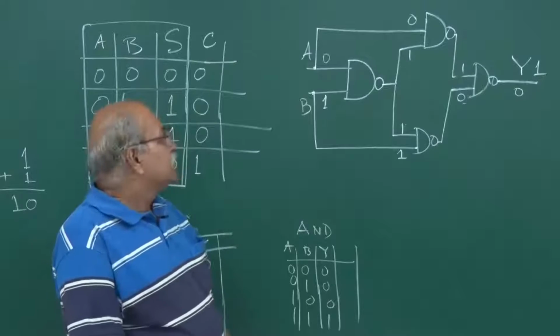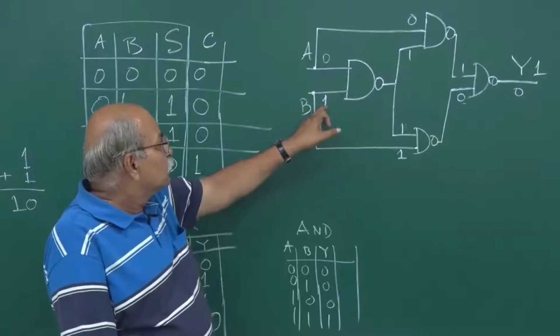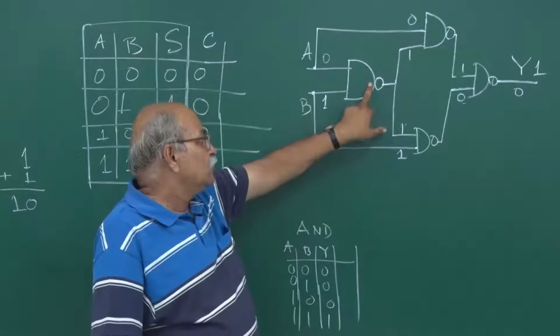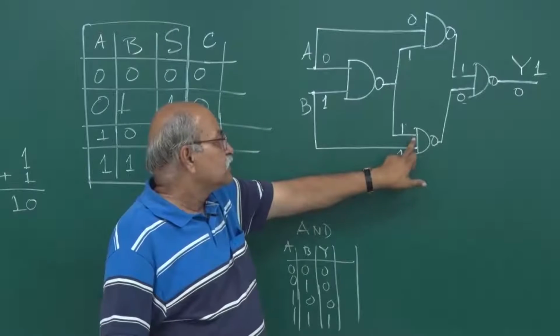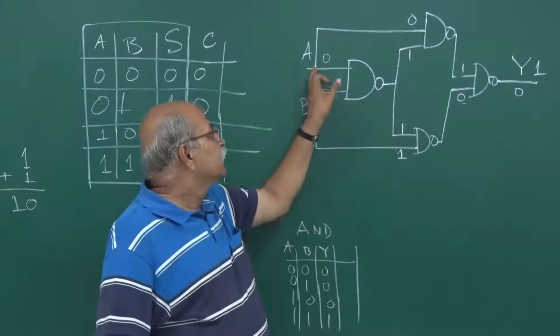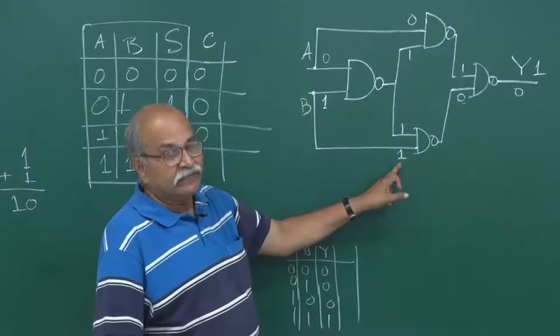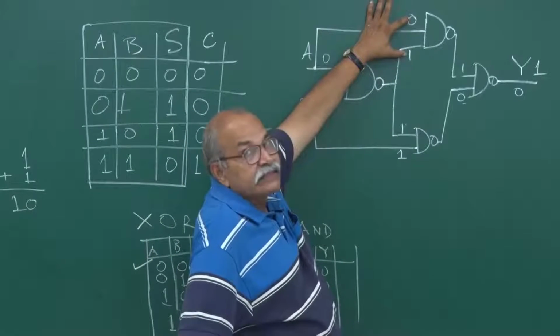Okay, let me repeat. I have given A equal to 0, B equal to 1. So, 0 and 1 is 0. So, here it is 0, here it is 1. That 1 goes here and that 1 goes here. Then this 0 I am putting here directly, this one I am putting directly here. Now, 0 and 1 is 0.